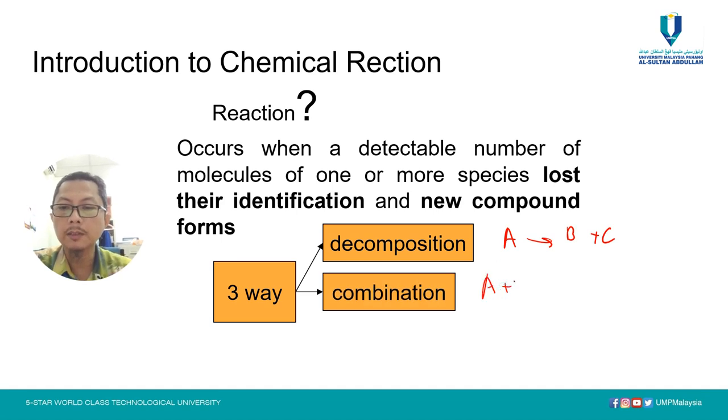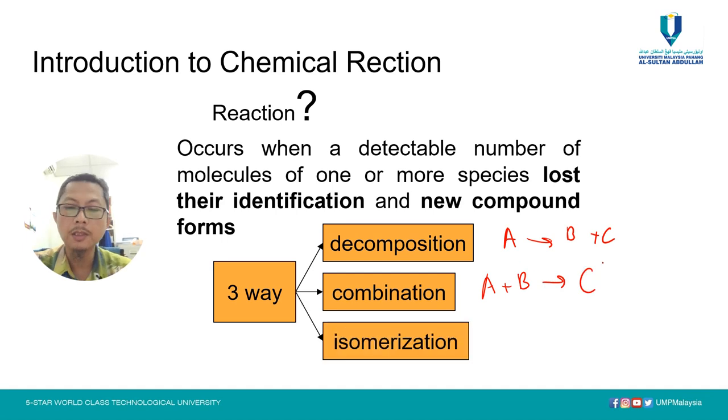If we have, say, A plus B to form C, it will be the combination. It can also be isomerization. The molecule will change to a new isomer. So there will be only one molecule, one type of chemical, that changes to another chemical with the same kind and the same number of atoms.